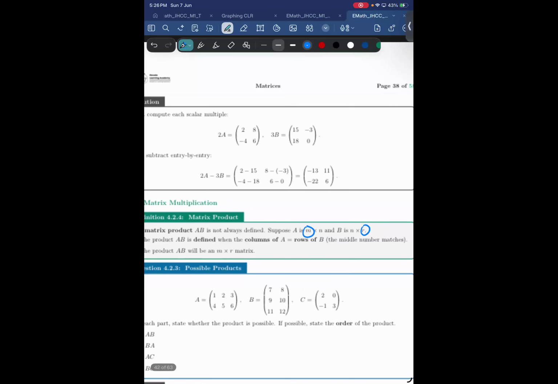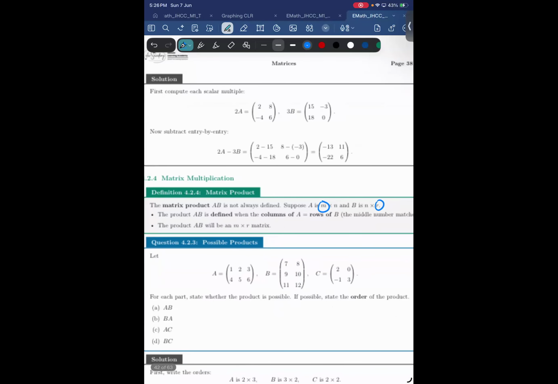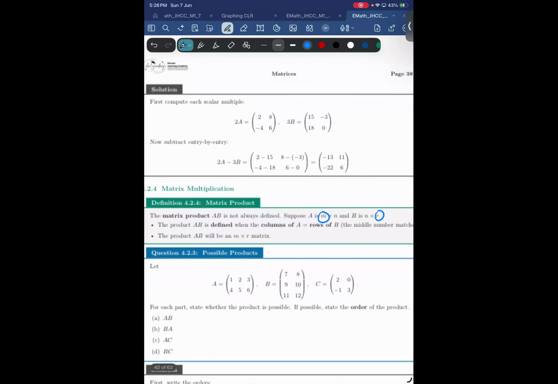So for 4.2.3, you can give this a try. This one shouldn't take too long. Just check whether you can even matrix multiply, and then state the order. The order of the product will be the rows of the first matrix by the columns of the second matrix.